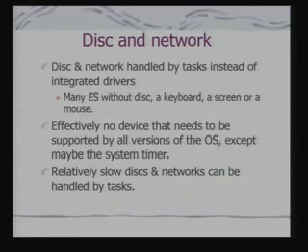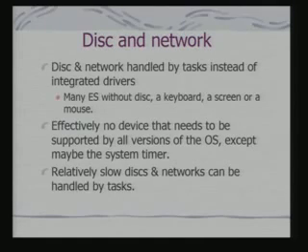But that is not necessarily true with an embedded system. So effectively, no device needs to be supported by all versions of the OS except maybe the system timer. Because critically the system timer has to be there to manage various aspects of operation of an embedded system. But other devices actually depend on what kind of application you are looking at.